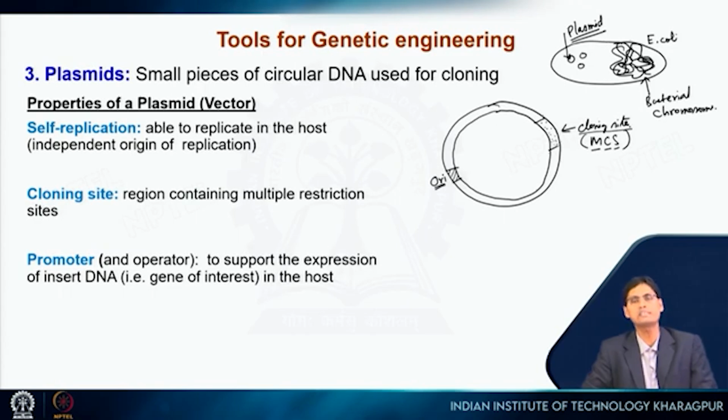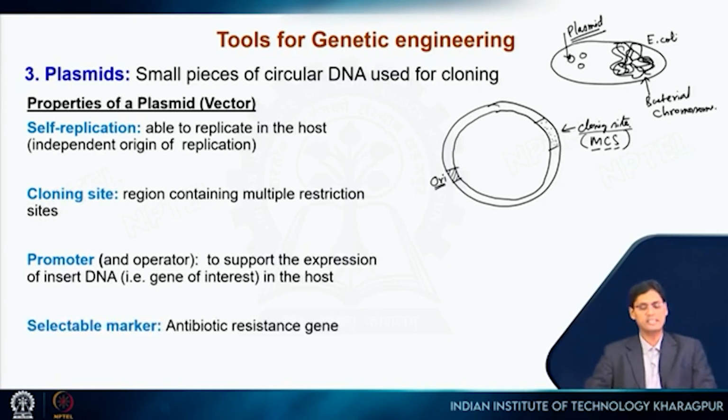For example, you are interested in making some protein, and you put the gene of interest you are working on in this plasmid cassette, properly under some promoter, so that in the right condition this gene will be expressed into RNA, messenger RNA, and this messenger RNA will be translated into protein also. So you should have promoter, operator, all those sites for proper function.